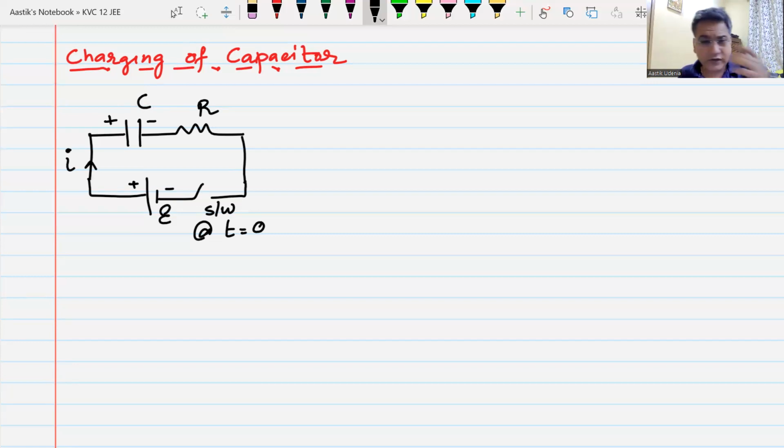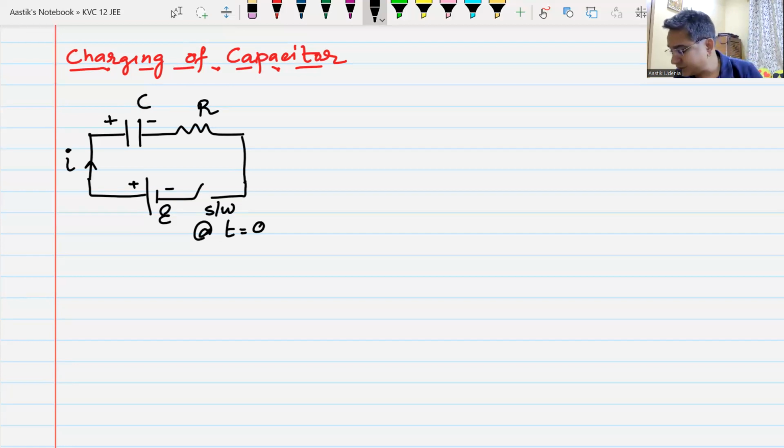Now while the capacitor is in the process of getting charged, normally it takes a very small interval of time, milliseconds and microseconds, to get charged. But in that milli or microsecond, the charge of the capacitor keeps on changing.